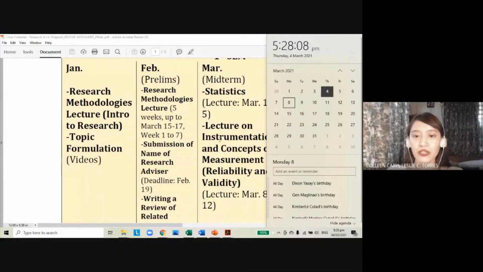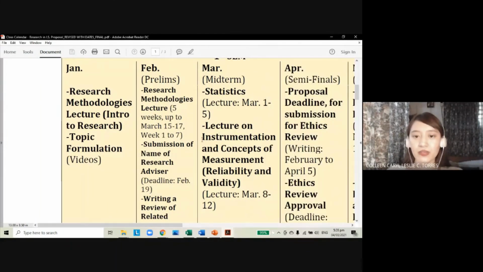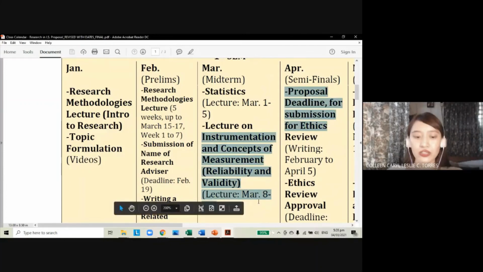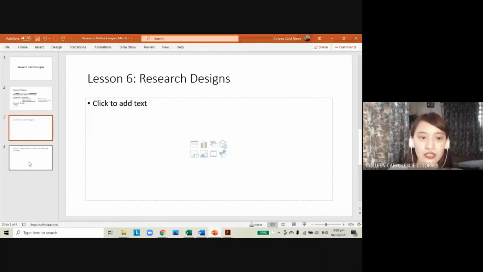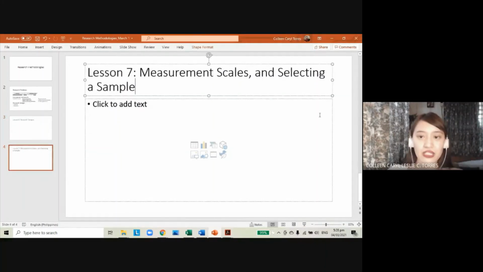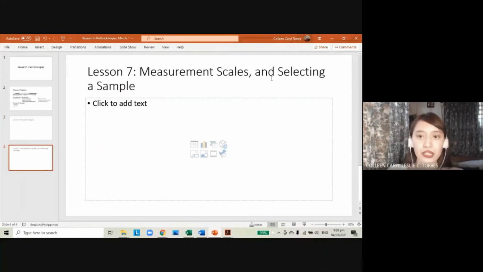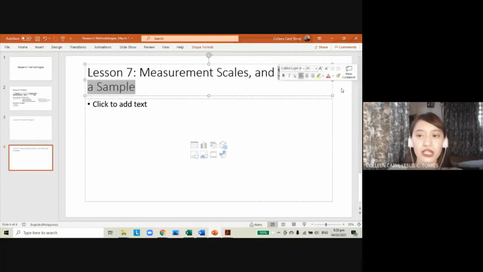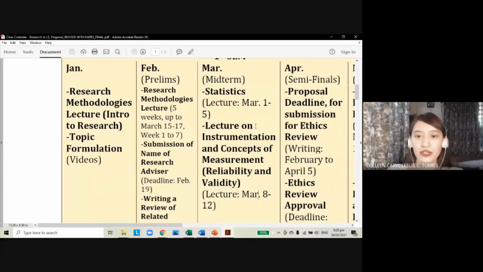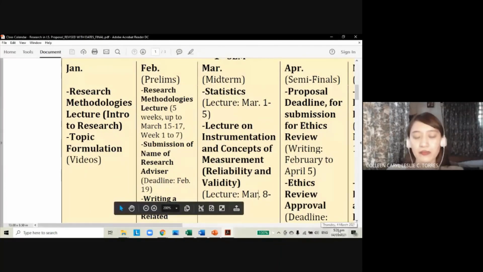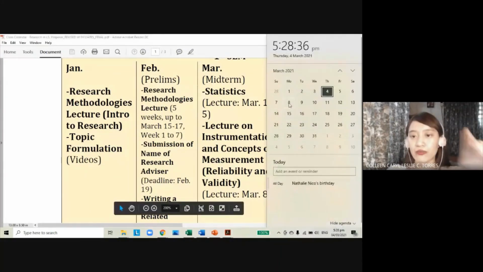And then the lesson on instrumentation, or rather, this is not really statistics. The lesson is on measurement scales and selecting a sample, as well as the statistics involved in computing the sample size. So that will be the lesson for March 8.